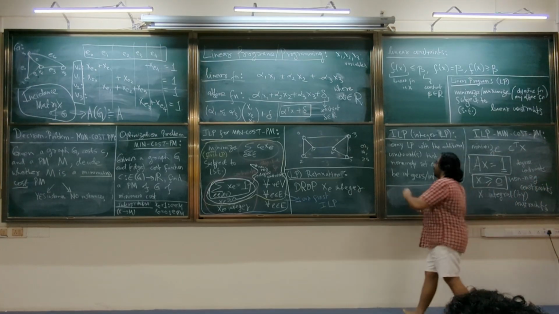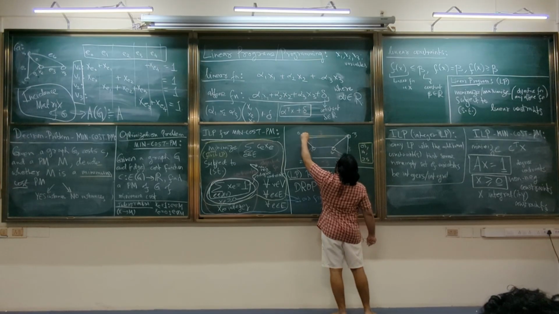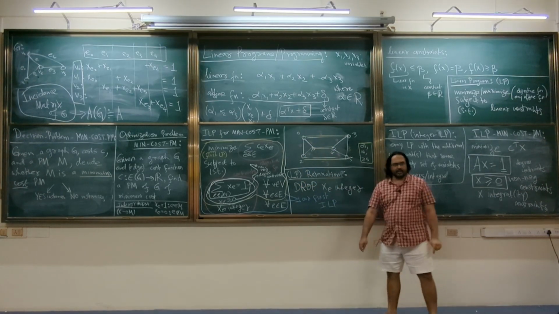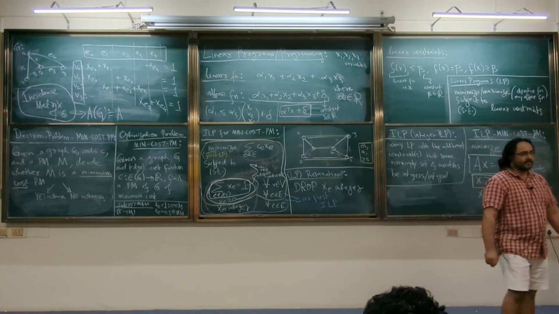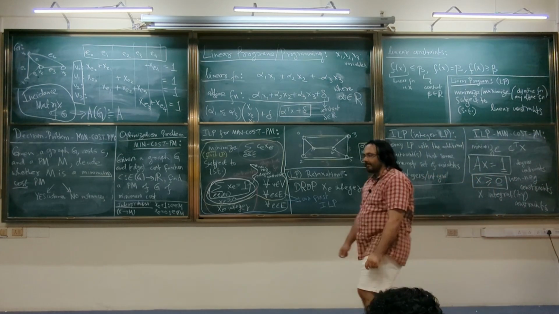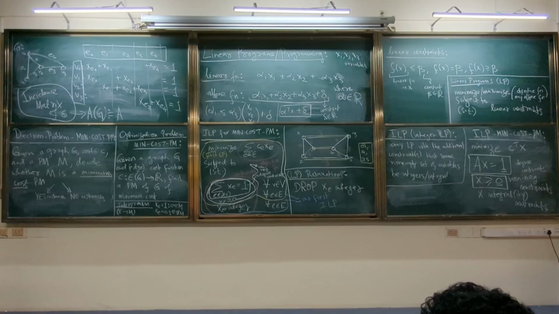That's my yellow perfect matching. Is this a yes instance or is it a no instance? I don't know. I'm not even trying, but you try.